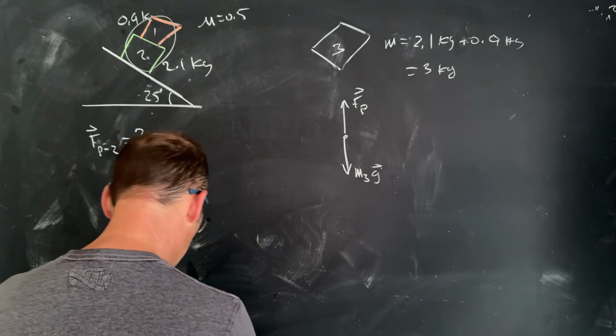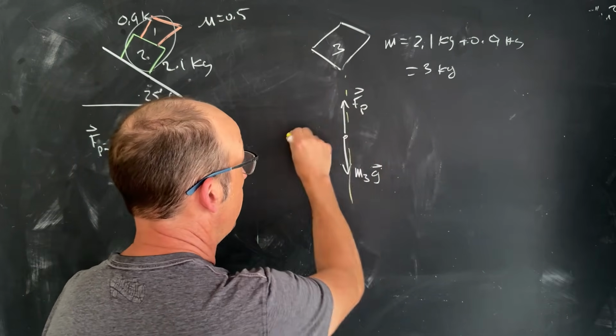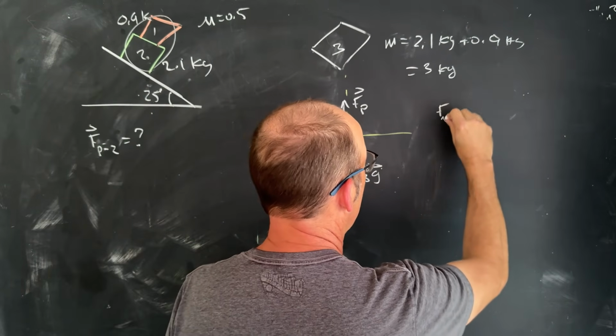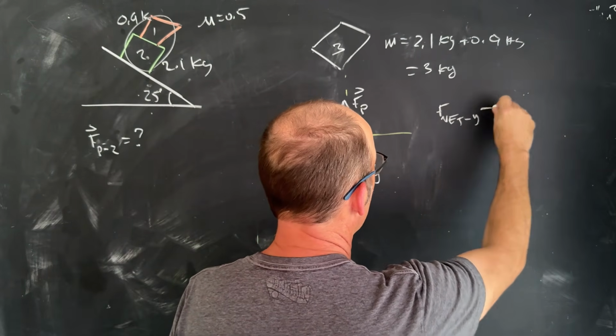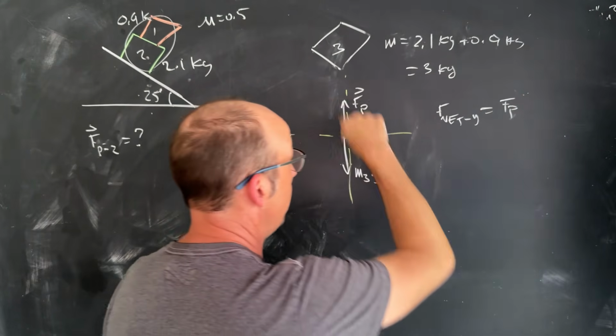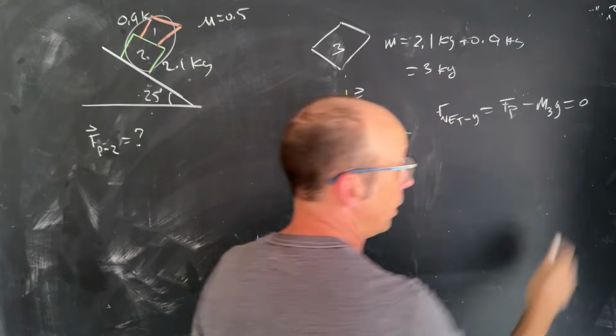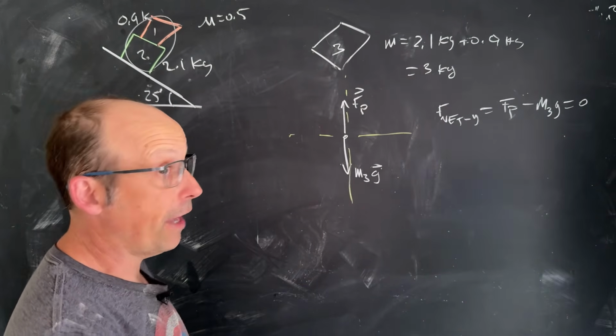Now we can pick our x and y axes. That seems to make sense. I can say F net in the y direction is Fp, the force the plane exerts up, minus M3 g, and that's equal to 0. Can I solve that for Fp? Yes.